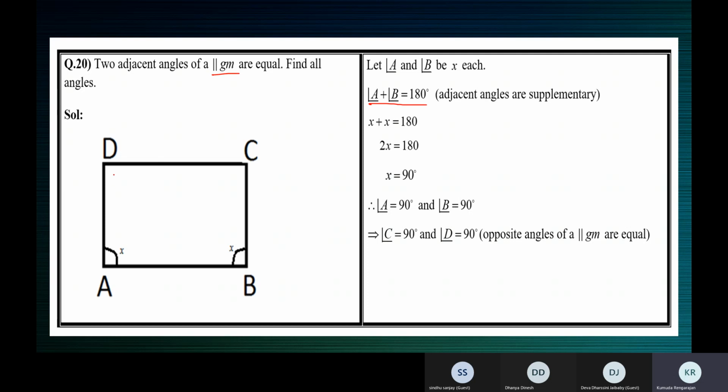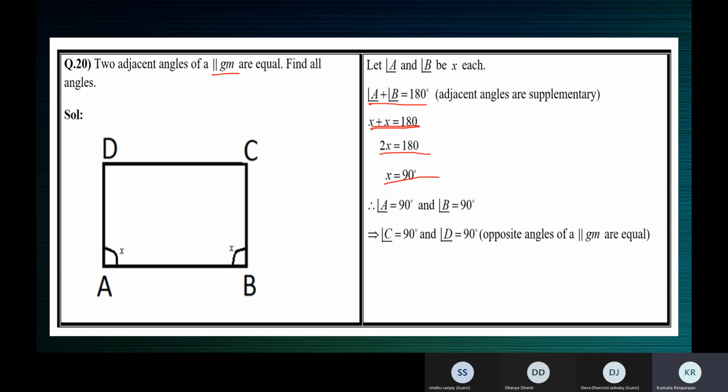You can take A and D, D and C, C and B. I've taken A and B. It's given that adjacent angles are equal. So if A is x, B is also x. But they're supplementary. x plus x is 180. 2x is 180. So x is equal to 90 degrees. 180 by 2, 90.